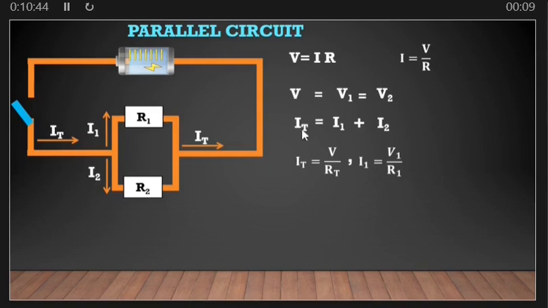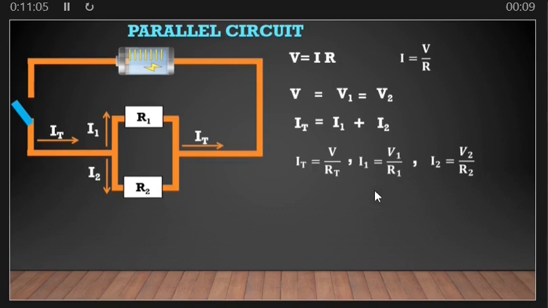Then the current flowing through resistor 2 can be found by voltage V2 divided by R2, meaning the voltage across resistor 2, which we are calling V2, divided by R2, which is resistor 2 itself.